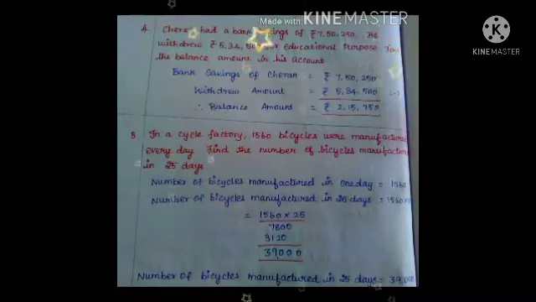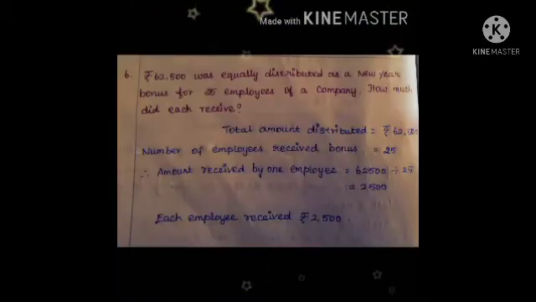The number of bicycles manufactured in 25 days is 39,000. One day they manufactured 1560 bicycles, and they are asking for 25 days. 25 days means 39,000 bicycles.